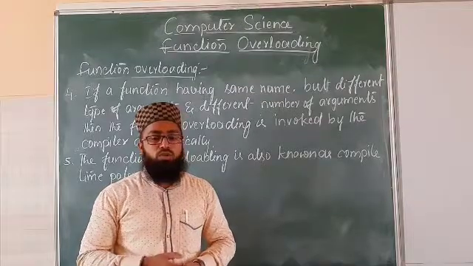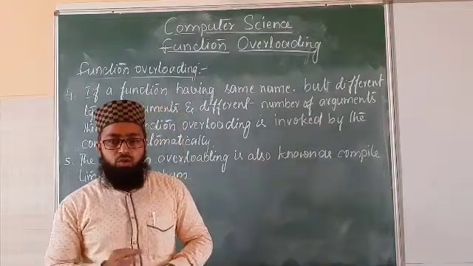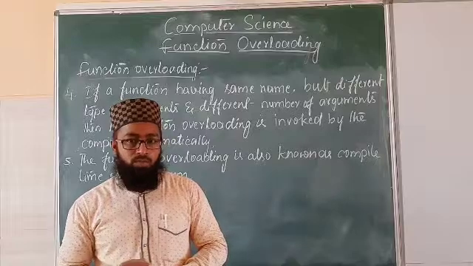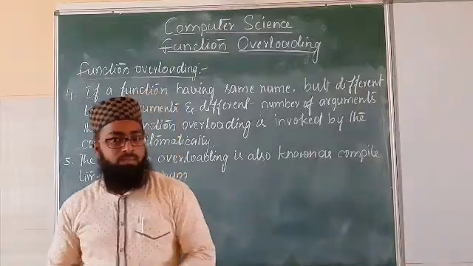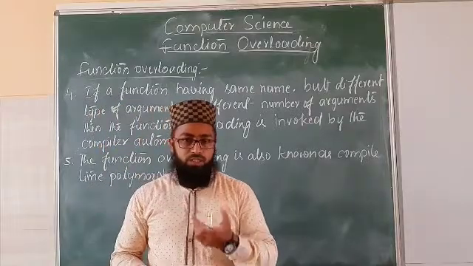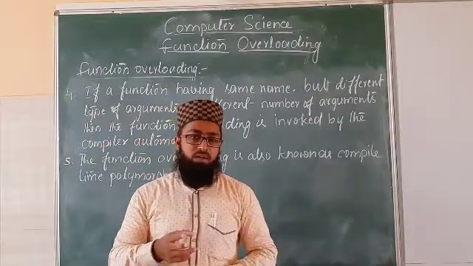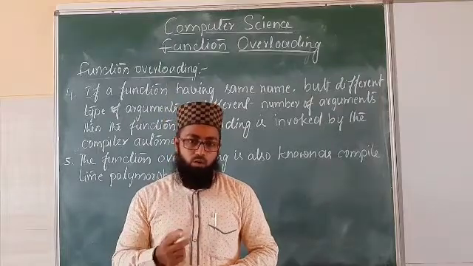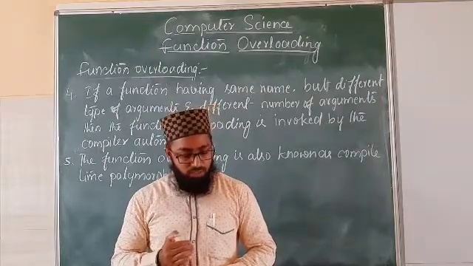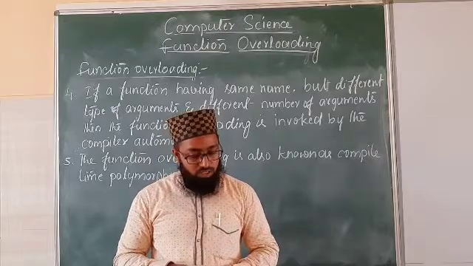Now I am going to give you the syntax of function overloading. First we will take two functions, but both the functions are having different data types and different arguments. Then that type of function will be called function overloading.